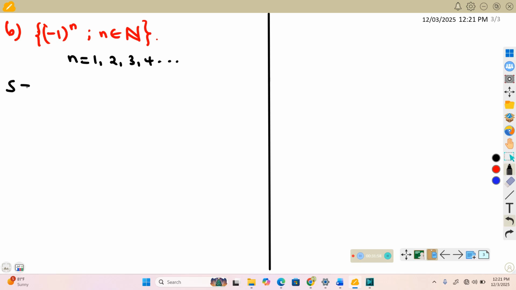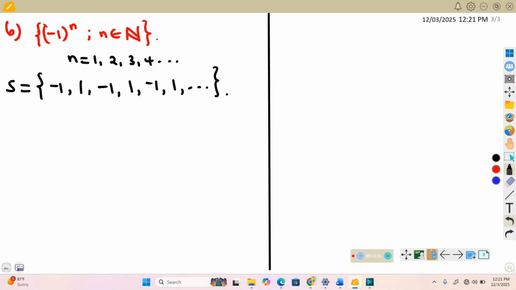So if this is our set S, what will be in that set? (-1)^1 will be -1, (-1)^2 will be +1, (-1)^3 is -1. We are putting these values where there is n: -1, +1, -1, +1, and so on.